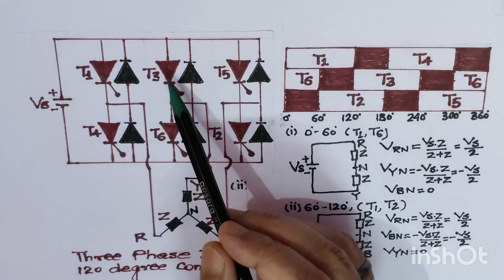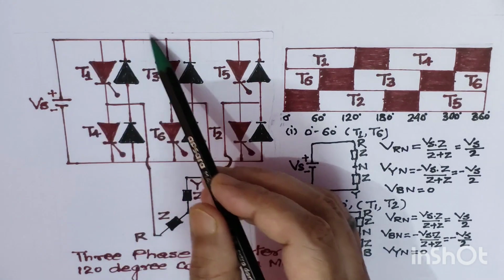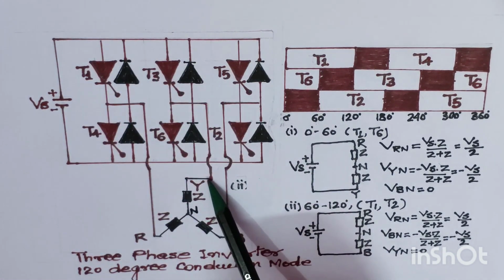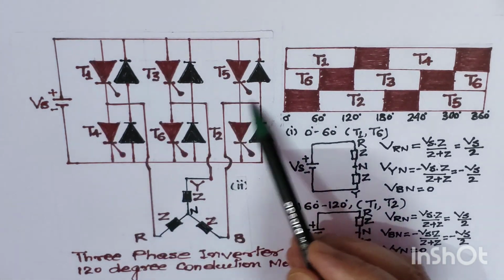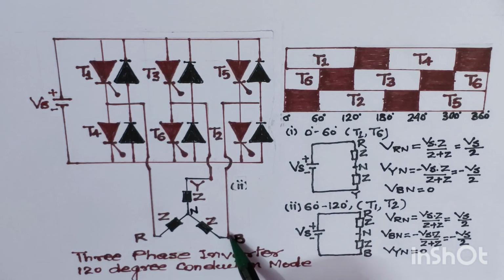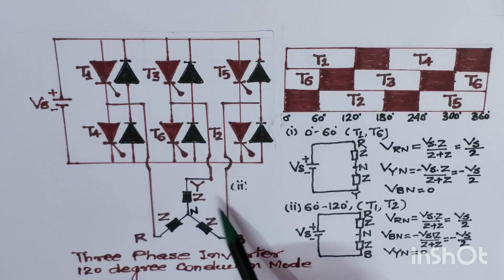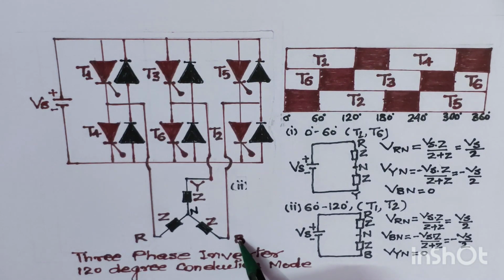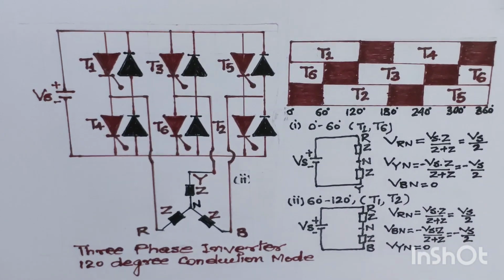So where is T3? T3 is connected from the positive side and is connected with Y phase, and T2 is connected from the negative side of the terminal and it is connected with the B phase. So we have an impedance between the Y phase and B phase. That is the equivalent circuit drawn in the next case.